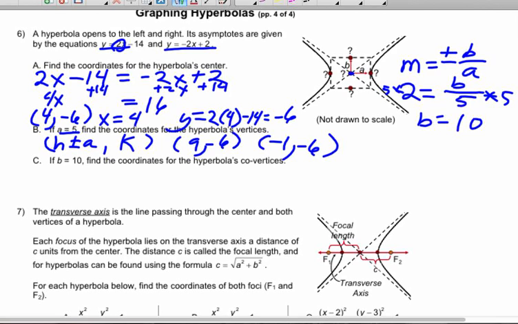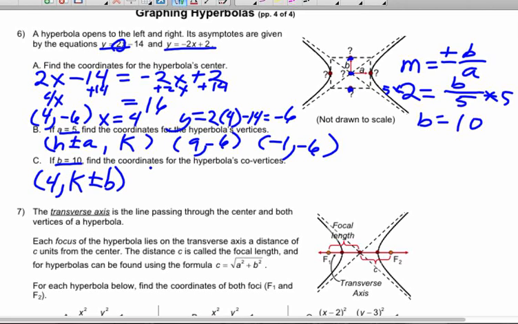And as you can see, I went ahead and showed you how to solve for b equals 10. And you do the same thing here. Now here your x coordinates don't change because we're dealing with these points for our co-vertices. So x is going to be 4, and then it's going to be k plus and minus b values.